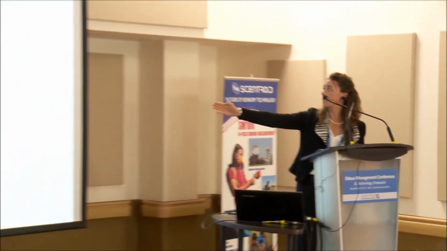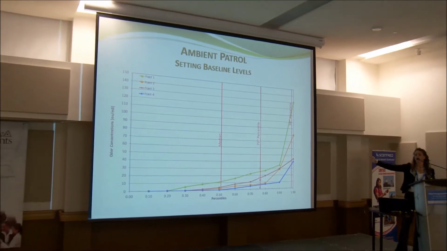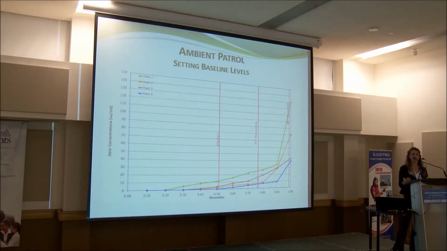So this actually gives you the 75th percentile, median, and then the 98th percentile. On a nuisance level for citizens, the 98th percentile, 99.5 percentile is actually justified because it's frequency that gives you the impacts. You get annoyed.